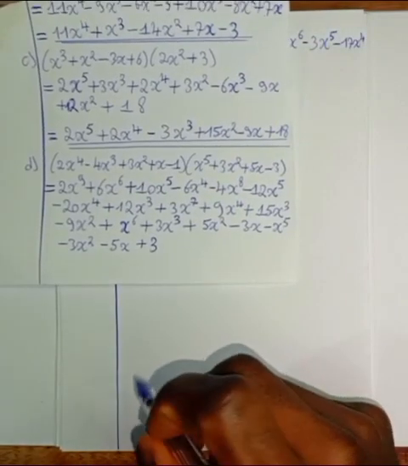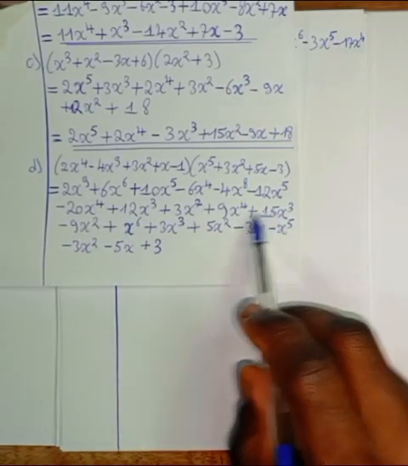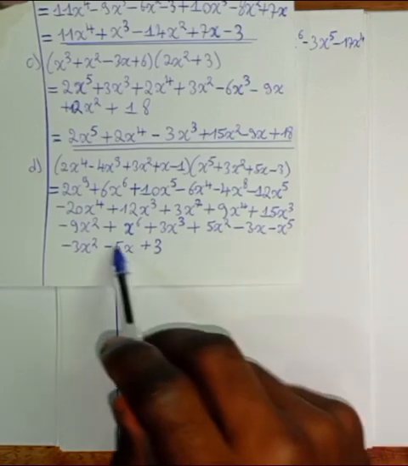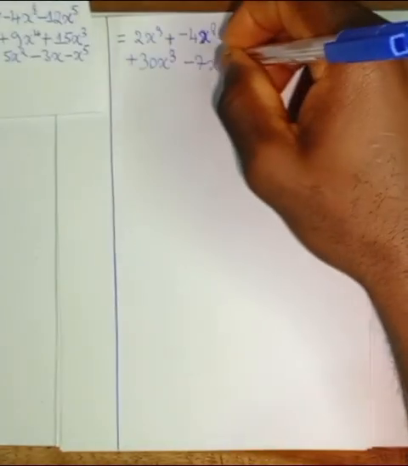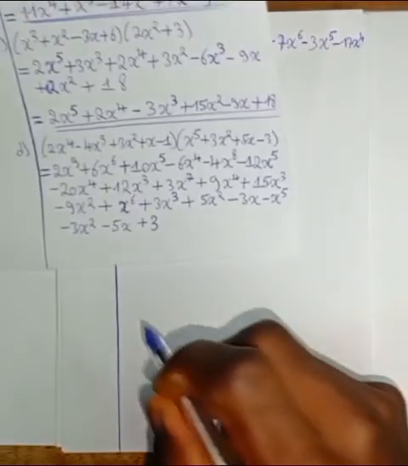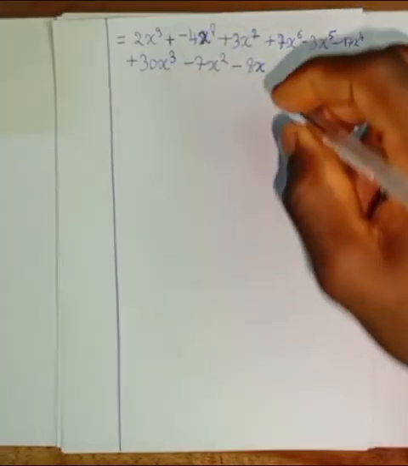Next, we move now to terms in x. The terms in x, we have two terms, negative 3x minus 5x, which gives us negative 8x. Lastly, we move now to the constant term. We have just one constant term, plus 3.